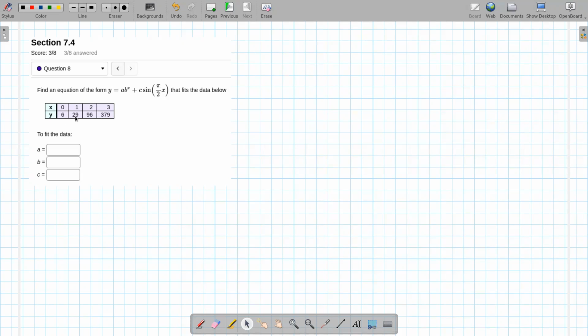So what else can we do with this? Well, let's see. We've got this exponential function, and we are definitely increasing. So it's coming up like that. This right here is like our k, our midline.